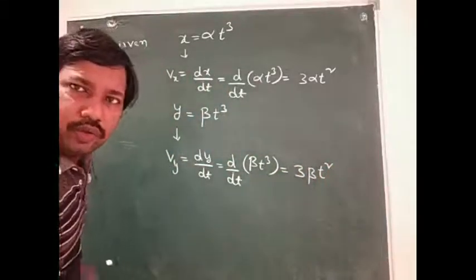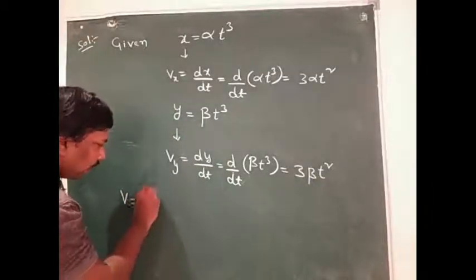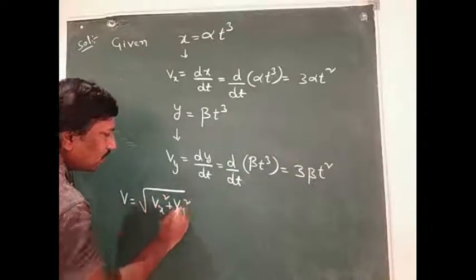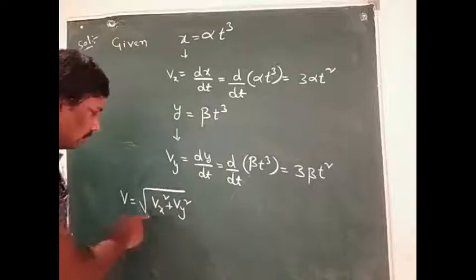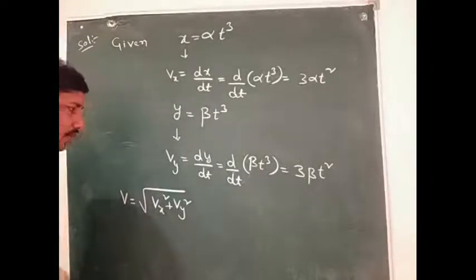So we can find out the speed v equal to root over vx square plus vy square. These are perpendicular vectors, so the resultant vector v equal to root over vx square plus vy square.